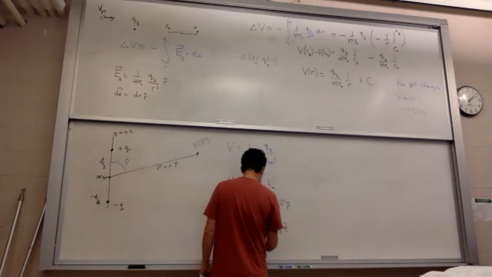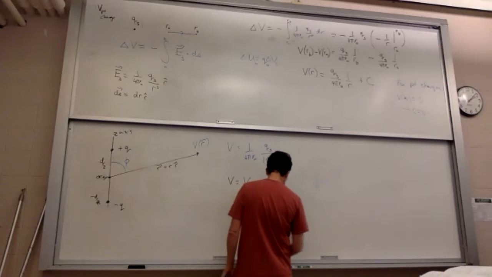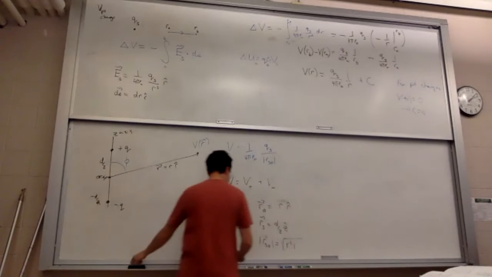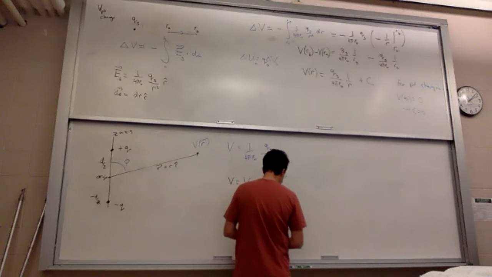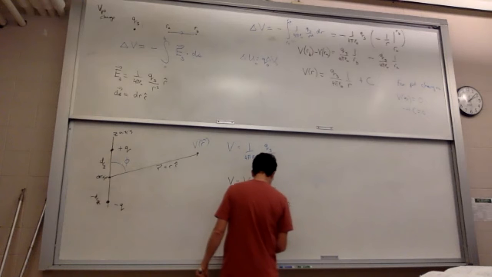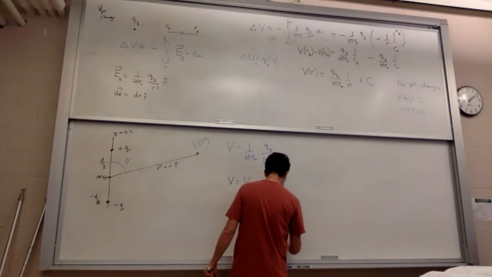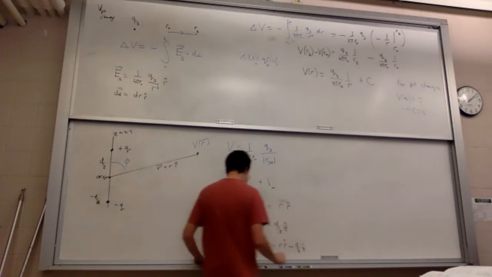All I really need is the magnitude of R_SO. Let me not do it that way: the vector R_SO is going to be R_O minus R_S, so it's R times R hat minus d over 2 times z hat.